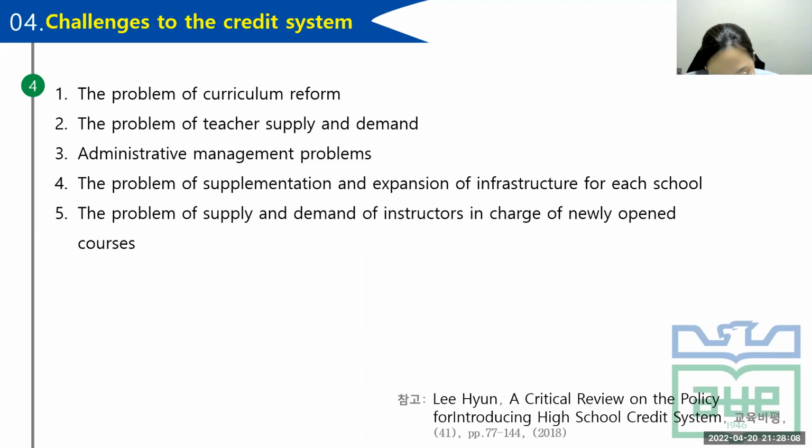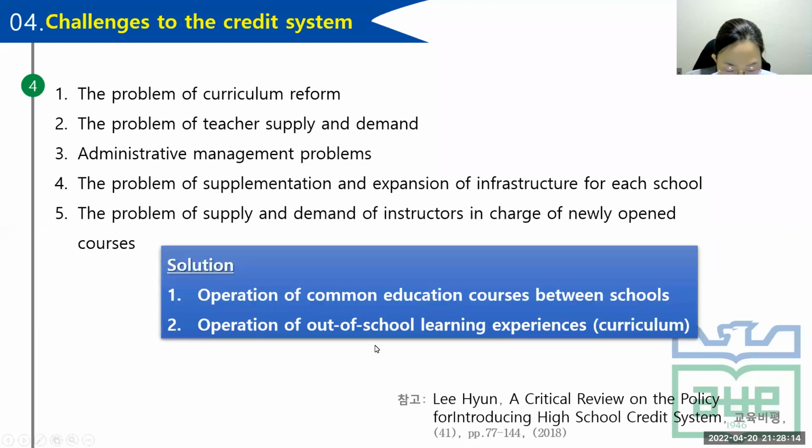And therefore, two solutions were presented. One is the operation of the common curriculum between schools, and the other is provision of out-of-school learning experiences. This study defined the provision of out-of-school learning experience as an out-of-school curriculum.